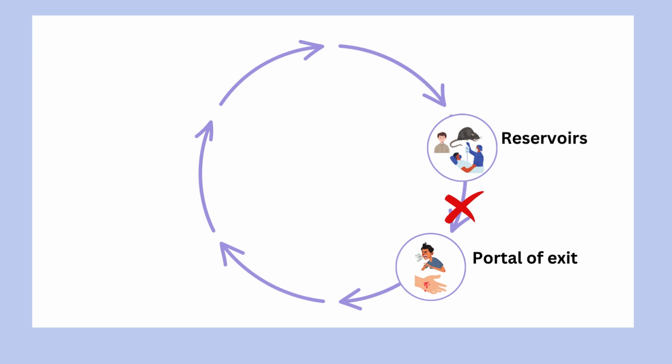To prevent pathogens from exiting the reservoir, the portal of exit must be controlled. For example, patients, caregivers, and healthcare professionals who can act as human reservoirs must adhere to hand hygiene practices, either by regular hand washing with soap and water or by applying alcohol-based hand sanitizer.